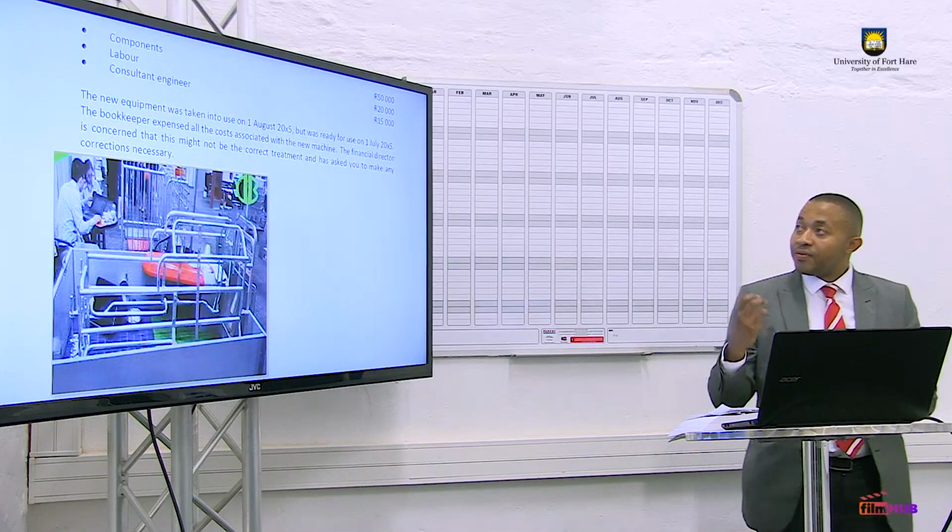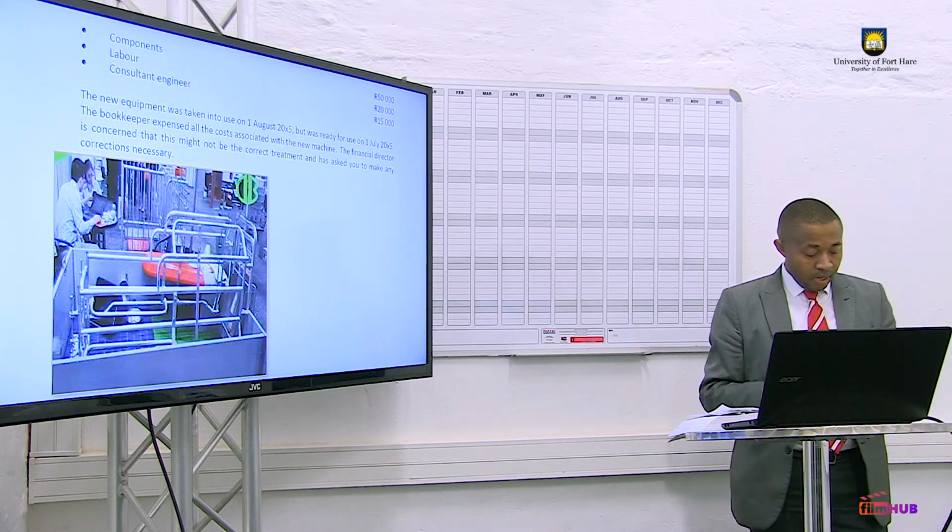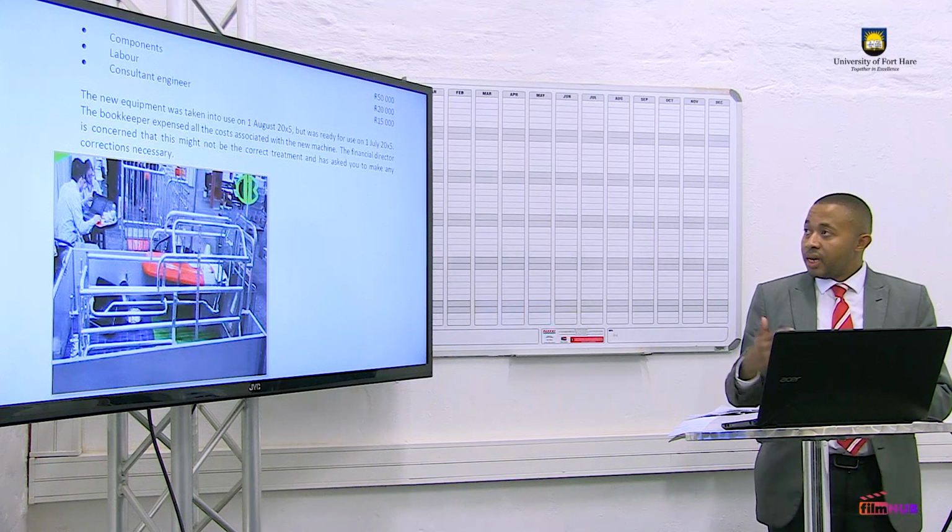So you do not only take into account the purchase price of the components, but also this directly attributable cost, because you wouldn't have this machine unless there was these consulting engineers, unless there was the labor element. So all the directly attributable costs, they must be taken into account at initial cost. You have to take into account the components, the labor, and the consulting engineers in this example.